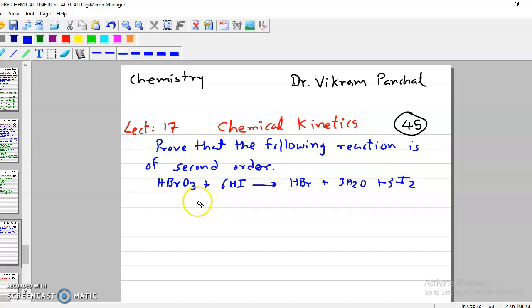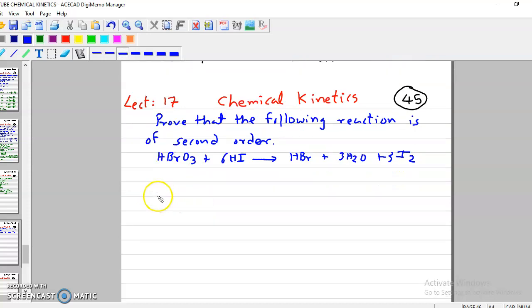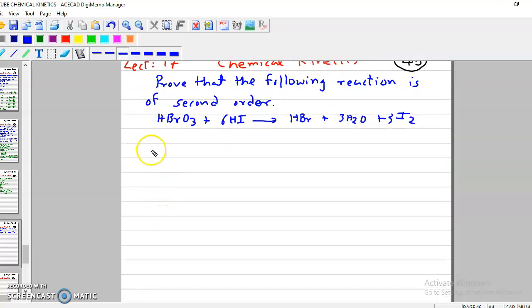Okay, you have to prepare a set for this. Set 1, bottle number 1: take 25 ml of 0.1 normal KBrO3 and 100 ml of 0.1 normal HCl.